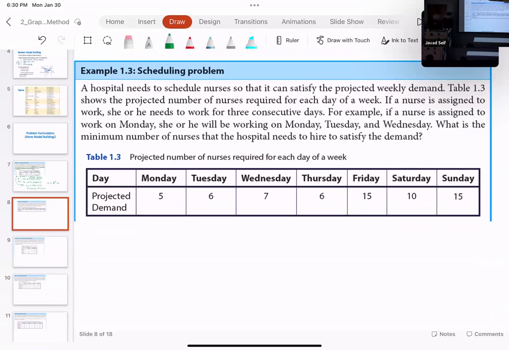So you want to think about the decision variable. What is the first thing you think about? How do I present the solution after I solve it? After you solve it, you give them a schedule, right? Hire this many who will start on Monday, this many will start on Tuesday, and so forth.